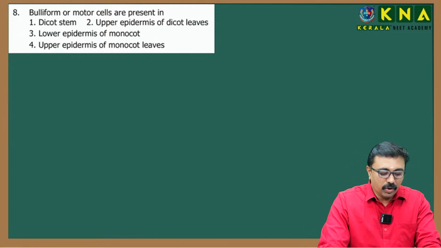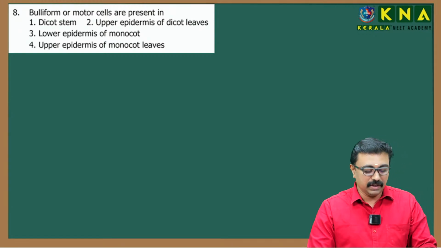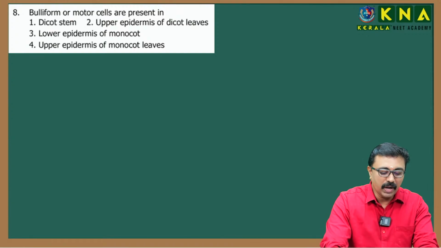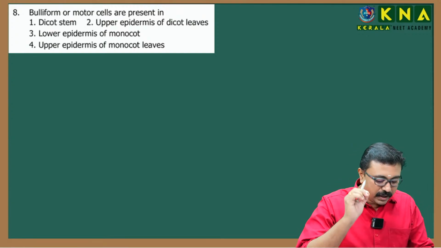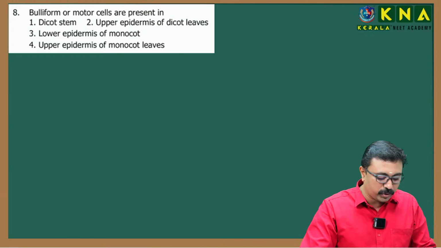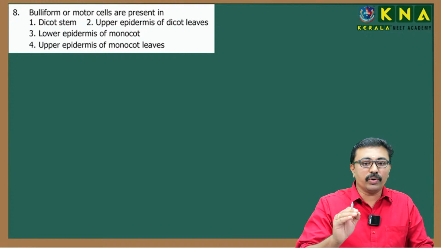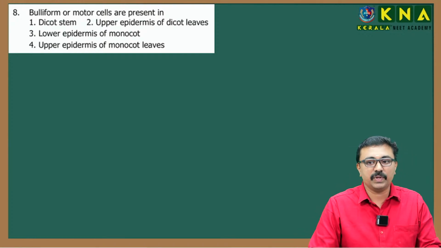Next question. Bulliform or motor cells are present in option 1 dicot stem, option 2 upper epidermis of dicot leaves, option 3 lower epidermis of monocot, option 4 upper epidermis of monocot leaf. I will wait, you can answer the question.